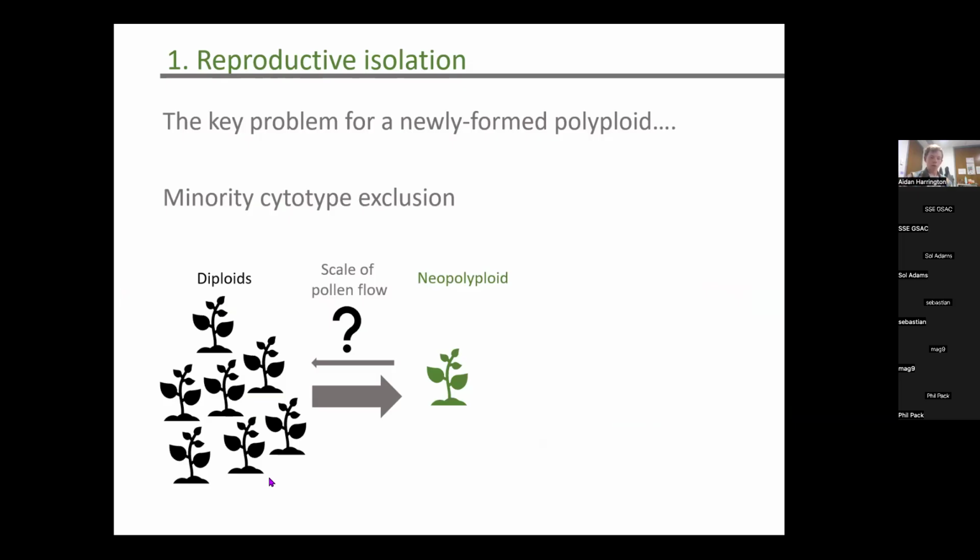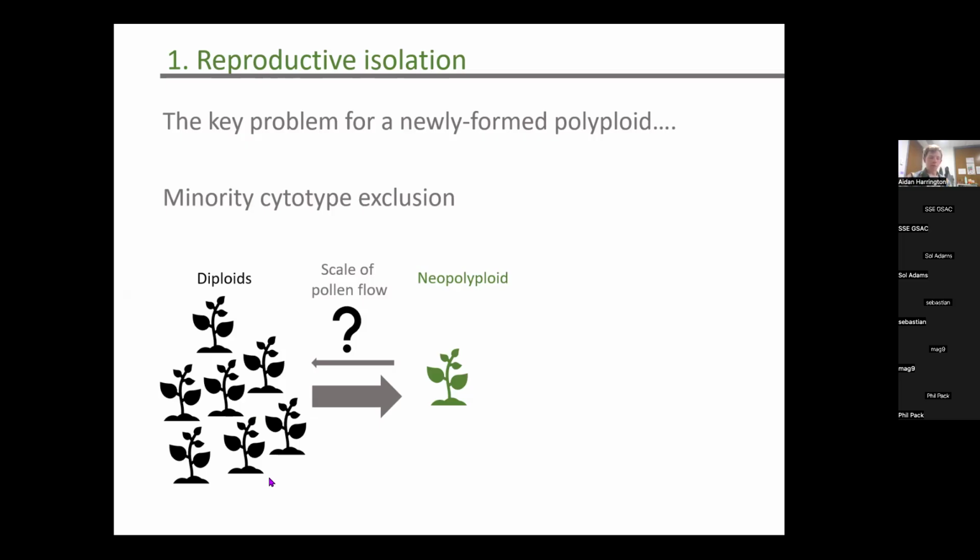And so you would predict under density dependent mating that the scale of pollen flow to the neopolyploid is going to overwhelm its ability to either self-fertilize or produce neopolyploid offspring. Or its pollen conversely will be wasted on trying to mate with diploids that it cannot form fertile offspring with.